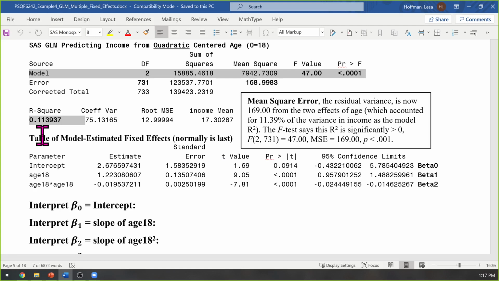Is there anything on this page that would tell me whether that change in R square of going from 4% to 11% is significant? Is there anything on my screen here that would answer that question? Now, I haven't taught you this yet directly, so I'm looking for an extrapolation or interpolation, whatever the word is.